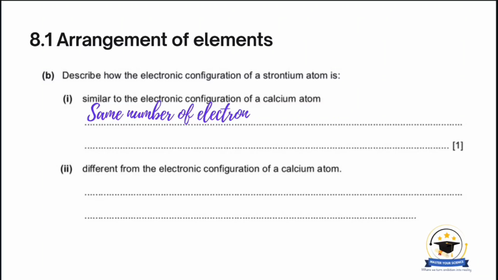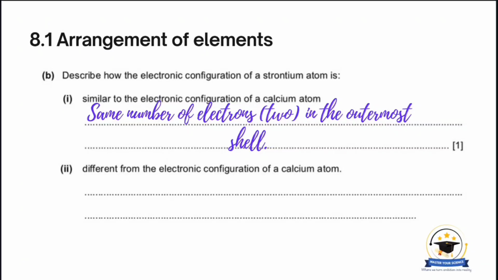Alright, next question says, describe how the electronic configuration of a strontium atom is similar to the electronic configuration of a calcium atom. So it's similar because it has the same number of electrons, which is 2 in the outermost shell. So that's how the electronic configuration is similar.